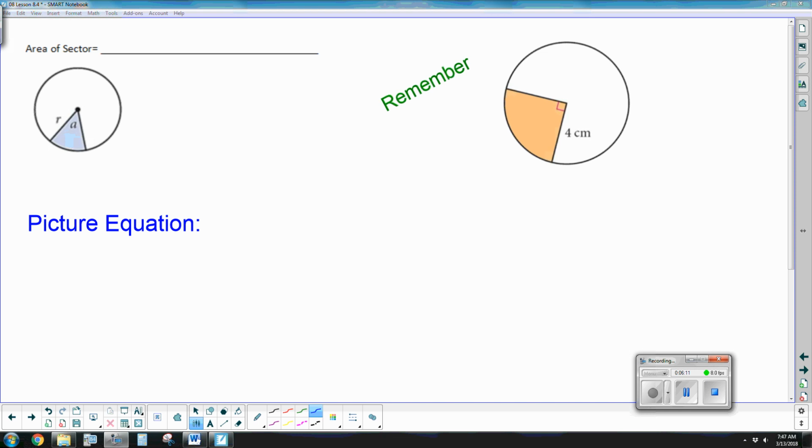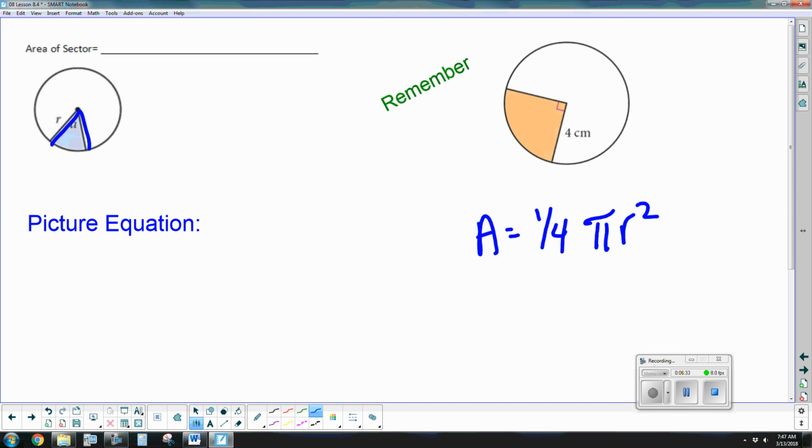Now let's think of the area of the sector. If you look at this diagram, we're looking for this shaded region right here. But remember back to that launch example where we had just a quarter of the circle, and we said that this area was a quarter pi r squared.